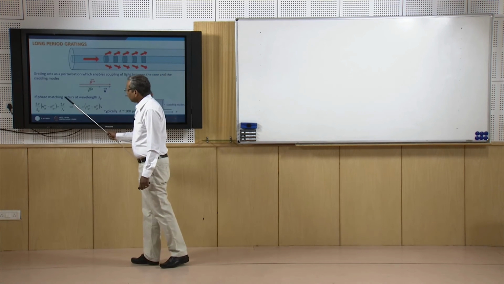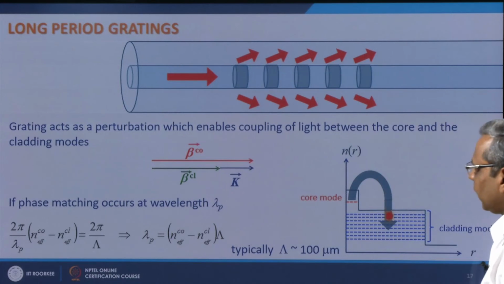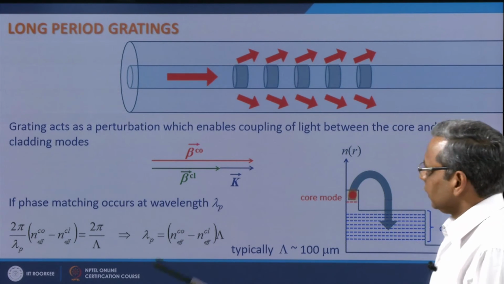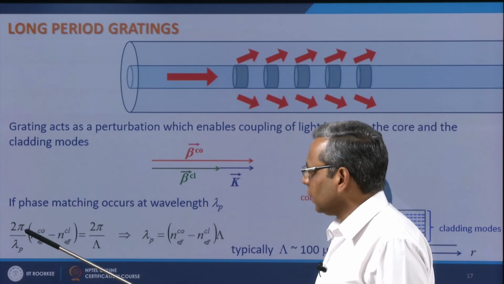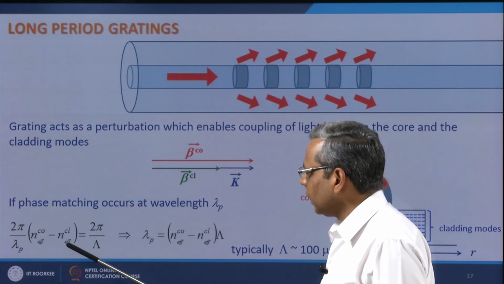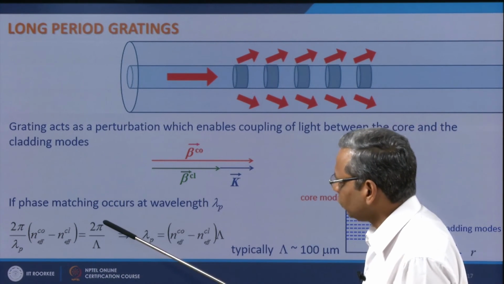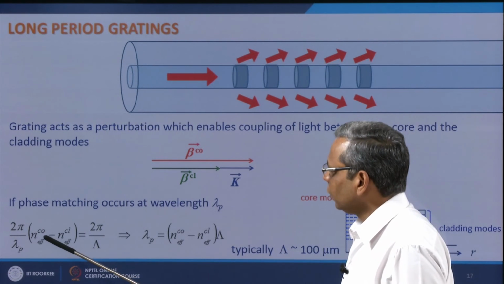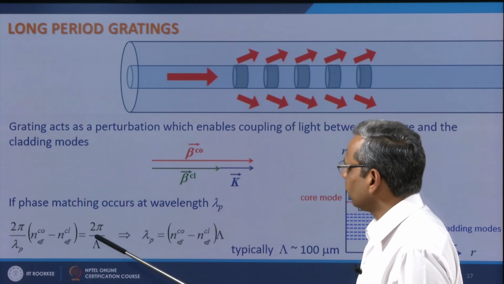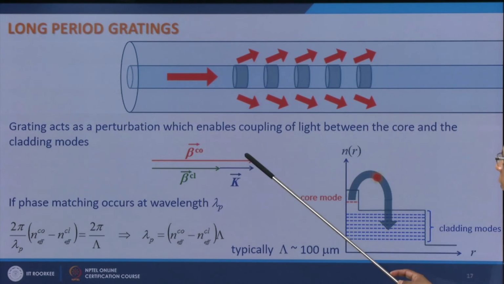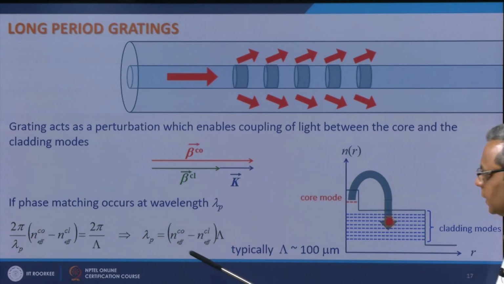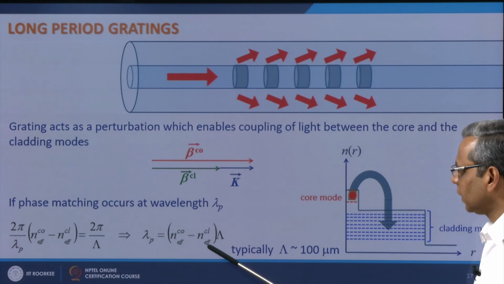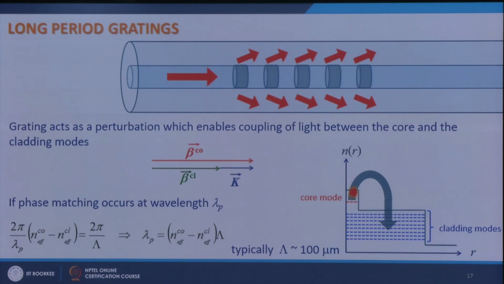So, if the phase matching condition is satisfied at wavelength lambda p, then this gives me 2 pi over lambda p times n effective core minus n effective clad. It should be equal to 2 pi over capital lambda. This is nothing but beta core minus beta cladding is equal to k, and this gives me lambda p is equal to n effective core minus n effective cladding times capital lambda.